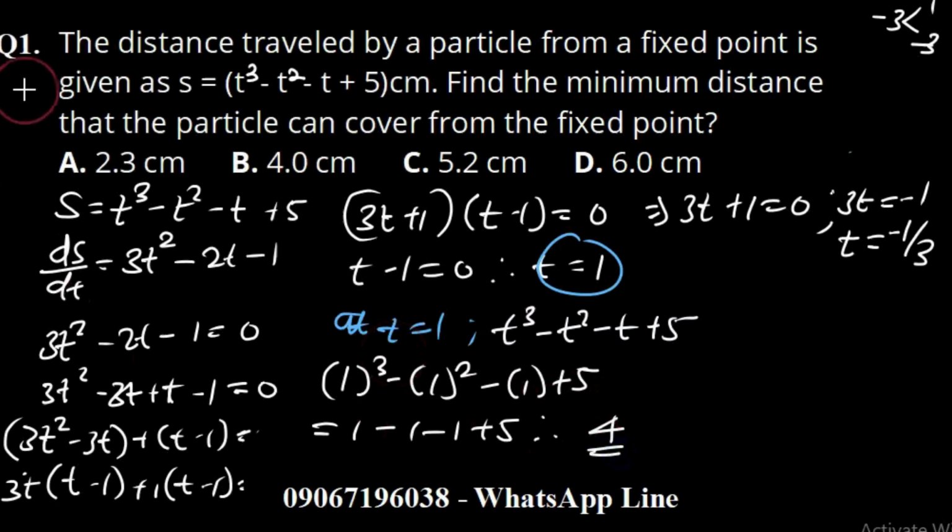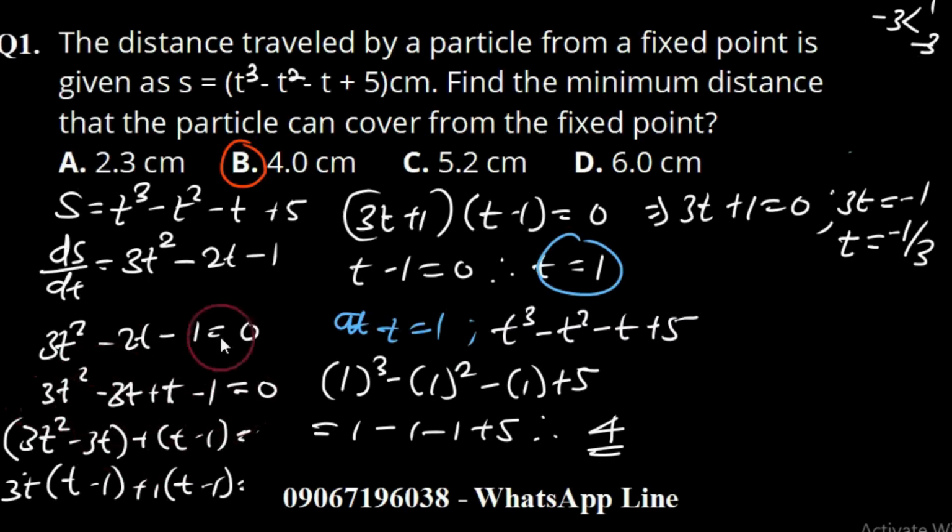Therefore the minimum distance that will be covered is going to be option B, which is 4.0 centimeter. This is the solution. Remember, first of all, you differentiate this with respect to t to form a quadratic equation.